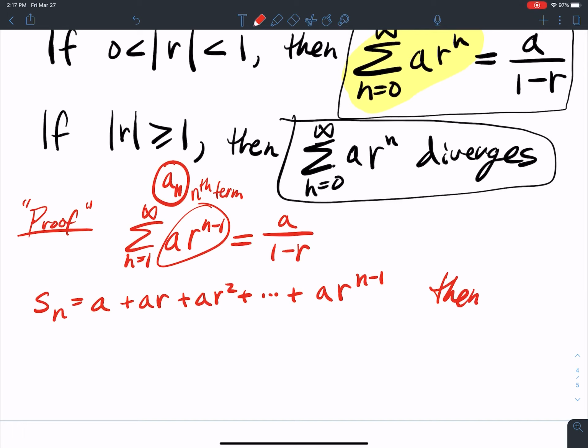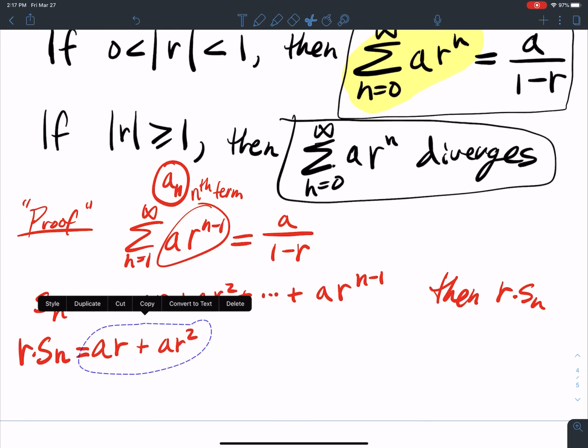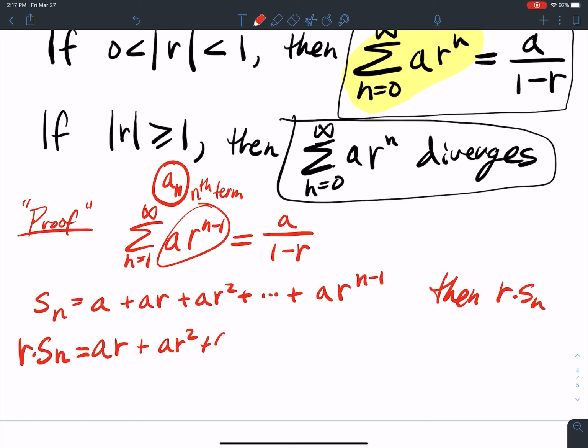Then r times s sub n. If I multiply everything by r, what do I get? I get ar plus ar squared, right? You'll see how this lines up. Plus ar cubed, plus all the way out to ar to the n.